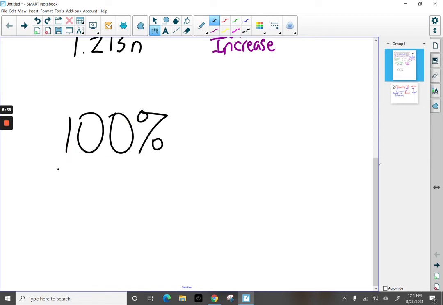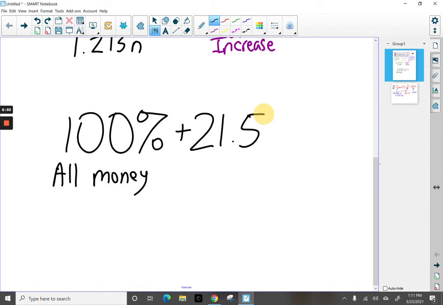That is all the money that's there. But that's not all. We're adding 21.5% more, the percent of increase in this problem.